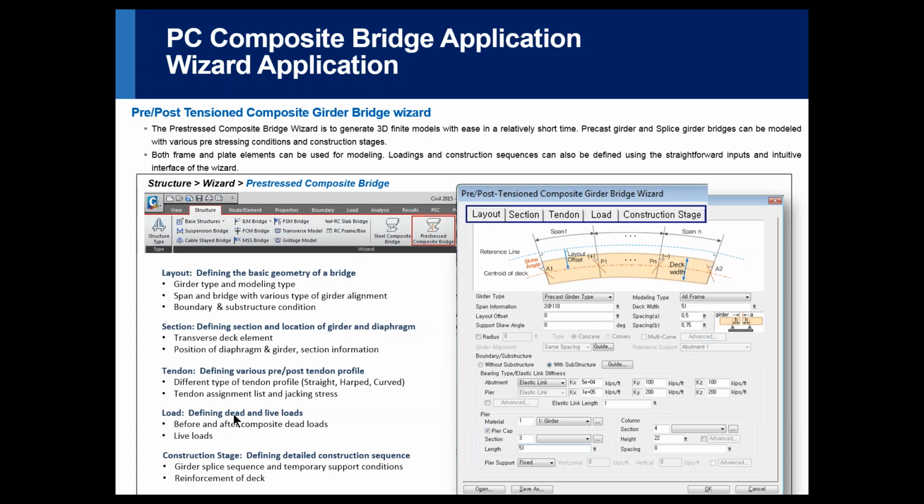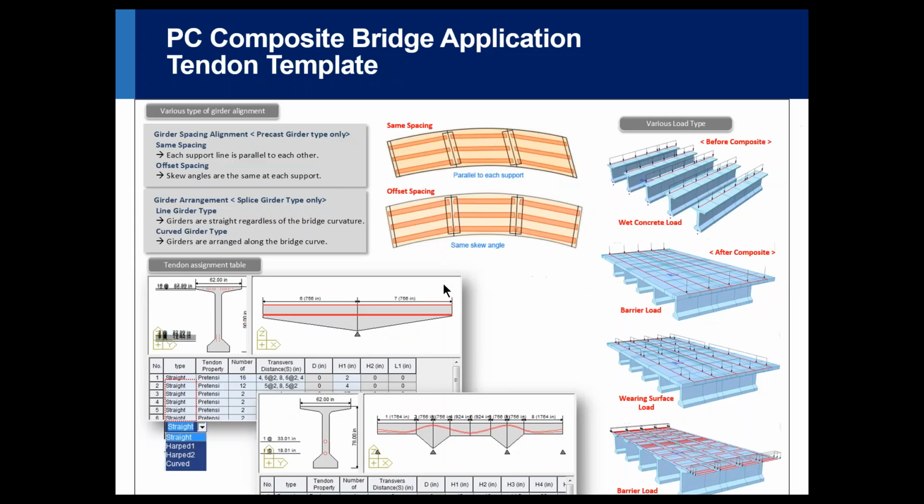Loading, the conventional, typical dead and live loads. If you need anything else such as varying temperature gradient loading, you can define them outside of the wizard too. And construction stage, both for precast and spliced, considering different types of conditions for different types of girder, splice or precast girder.